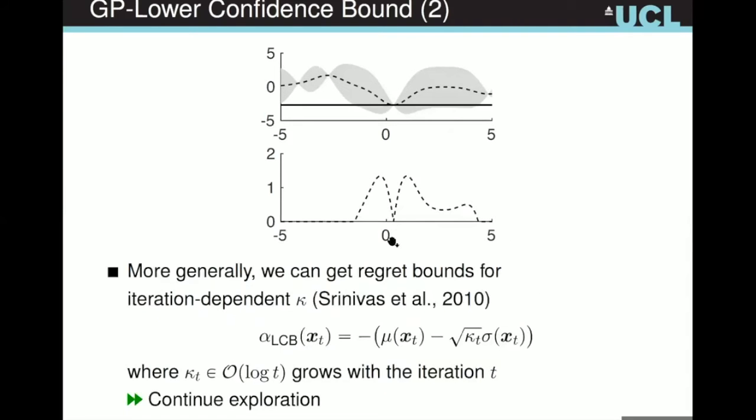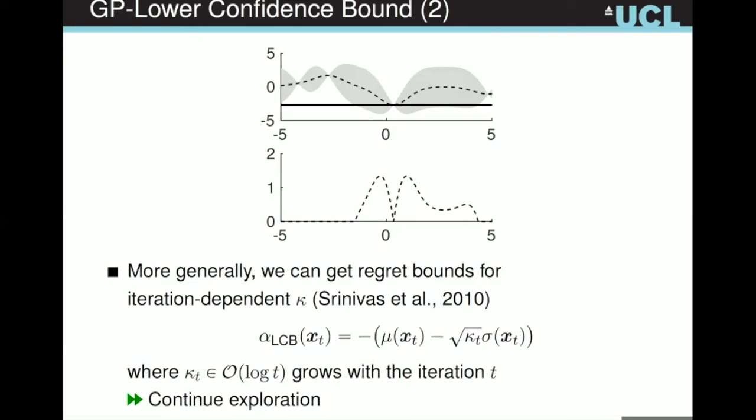So now the question is the setting of kappa. How do we do this? If we set kappa to be a parameter that depends on the iteration, so how many data points we effectively have in our training set for the GP, so if kappa of t, where t is the iteration, is of the order of log t, so it always gets bigger, then we are guaranteed to continue exploring without falling into a local optimum and then stopping.